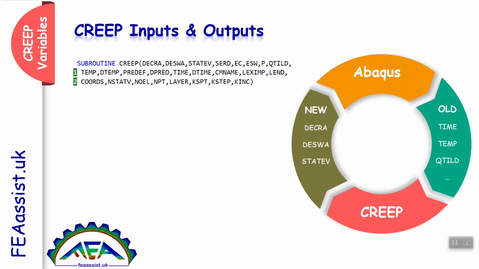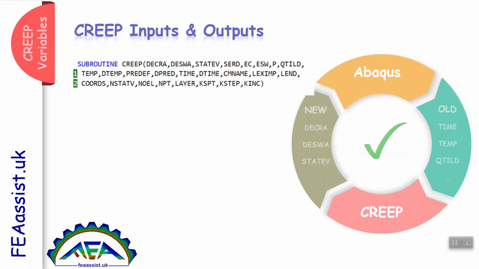Abaqus again will use the creep strain to compute the temperature, the stress, and these variables, and this loop will continue to solve our problem. This is how Abaqus and creep interact with each other, which is very important and necessary to write a good creep subroutine.